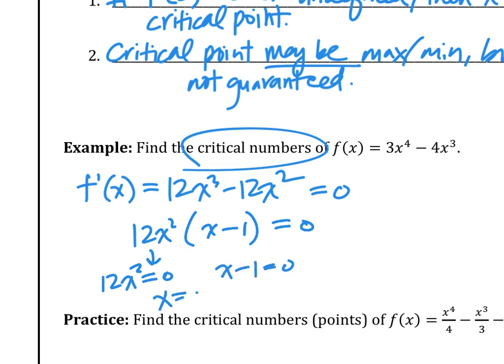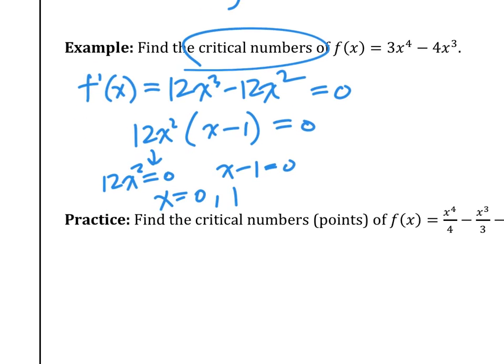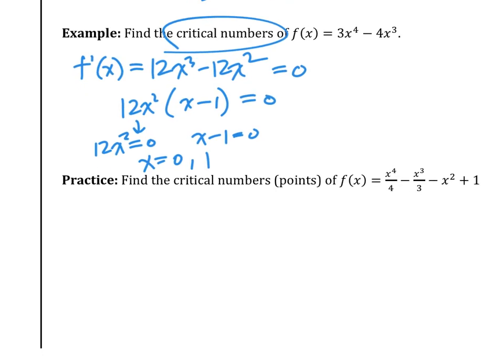So x is equal to 0 or 1. All right, that's it. This is kind of the easy part. We're just practicing finding critical numbers. All right, let's have you pause the video and give this a practice. Find the critical numbers of this function. Okay, the numbers are -1, 0, and 2.